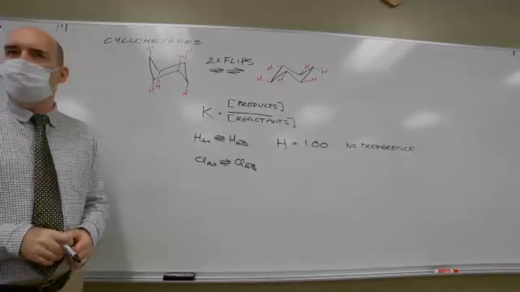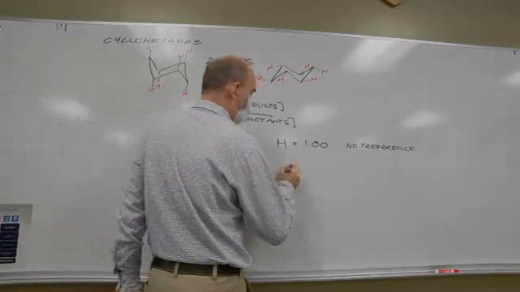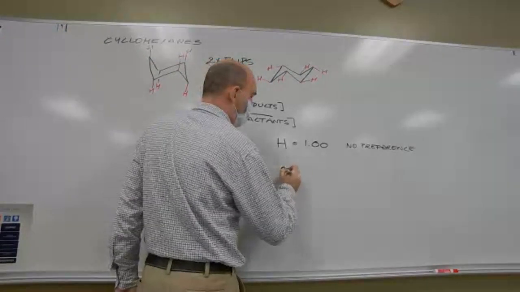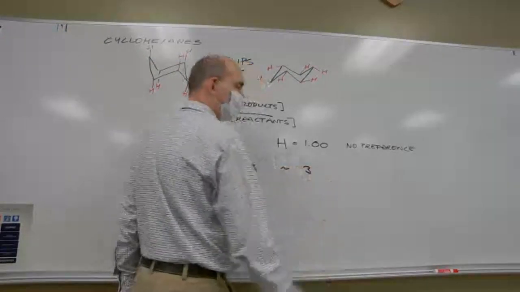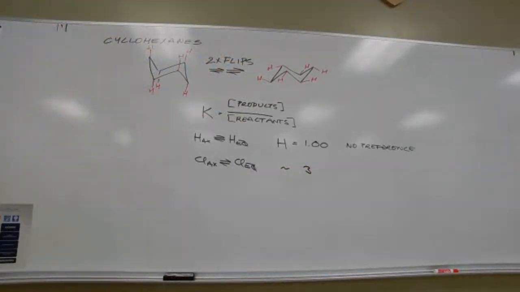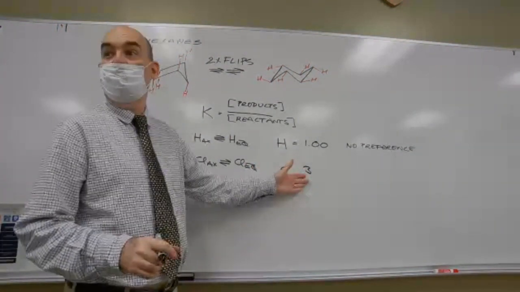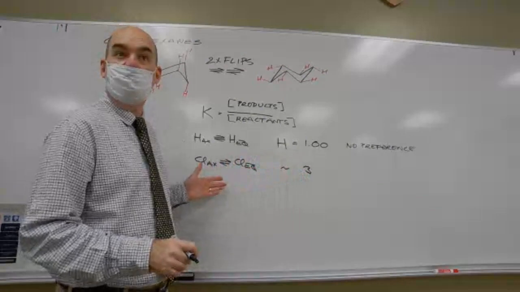I didn't bring any numbers to class, but that number is now somewhere around 3. Meaning, the chlorine would rather be in the equatorial position 3 times more often than it would be in the axial.